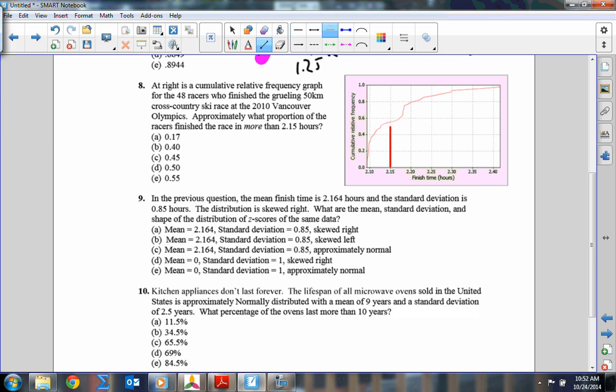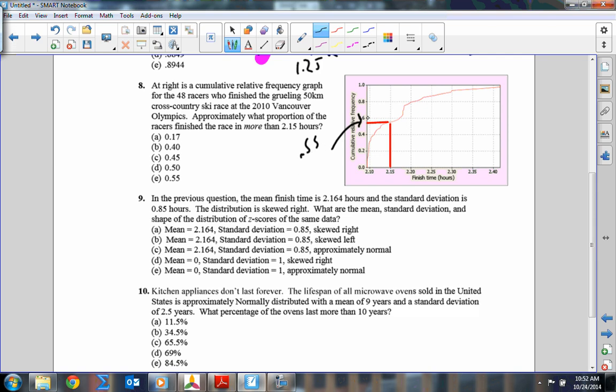It's here. And then we're going to go over. And that should have been straight, but we'll pretend it was. So this looks like approximately 0.55 to me, because there's 0.2, 0.4. I'm not quite to 0.6, so I'm going to guess 0.55.